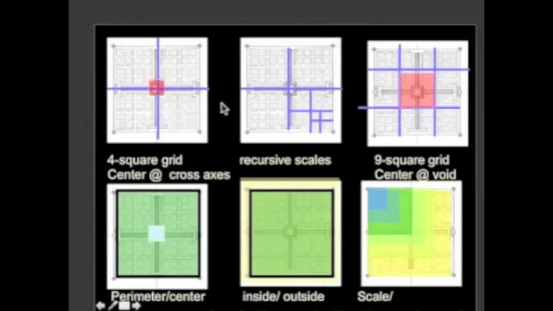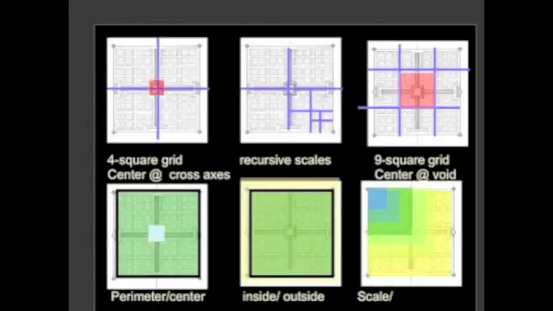And you get all these kind of interesting scaling relationships, recursive scales. Recursive means that the same thing is reiterated again and again in more densely nesting scales, and so forth. We get the nine-square grid with a center at the void. We get the four-square grid with a point at the void.